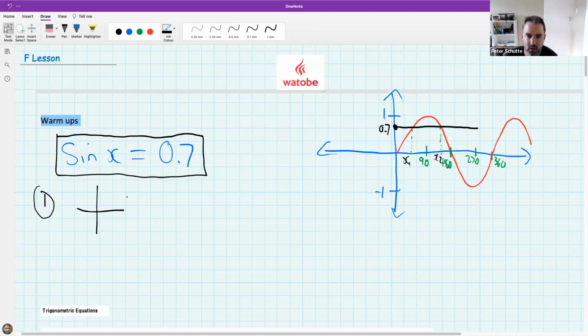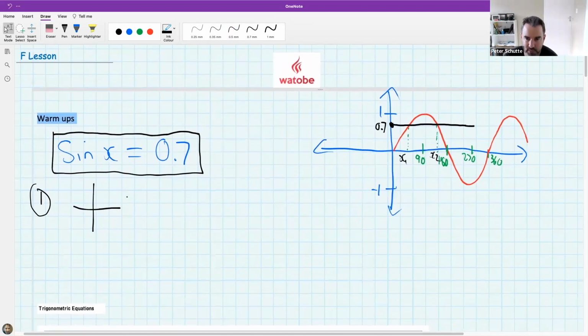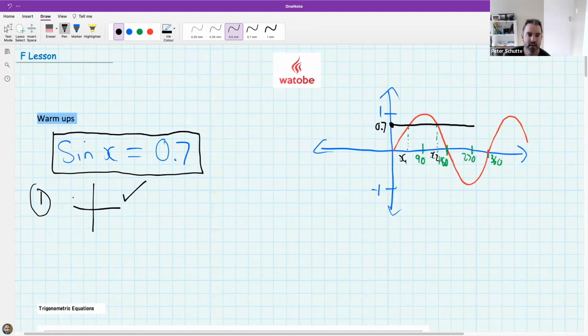Now, tell me which quadrants sine is going to be positive. You can even use your CAST diagram. So sine is going to be positive in quadrant 1 and quadrant 2.